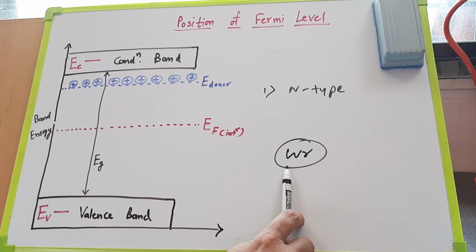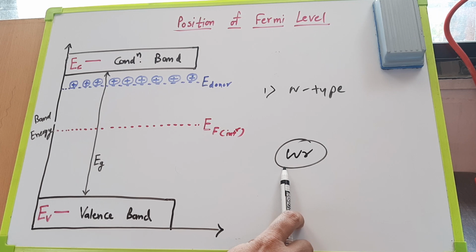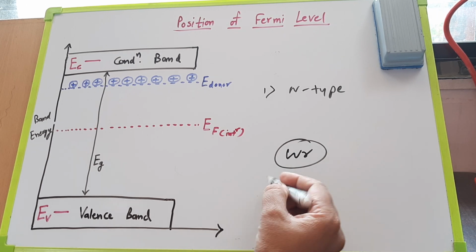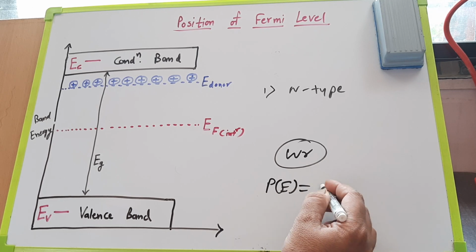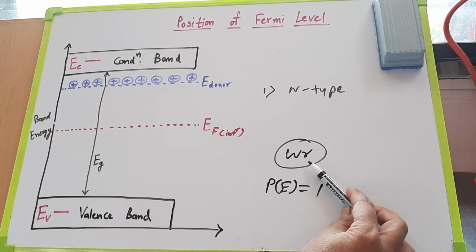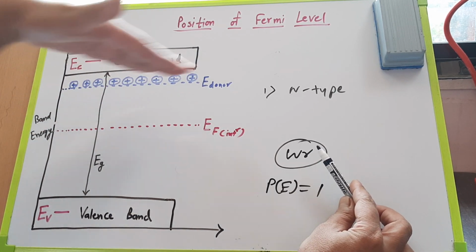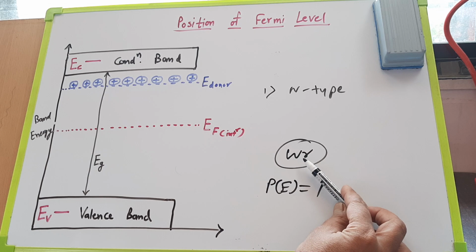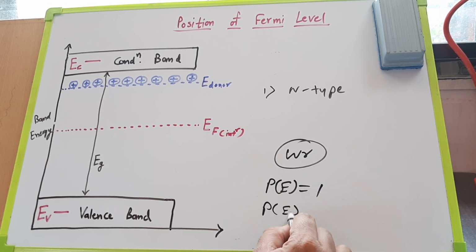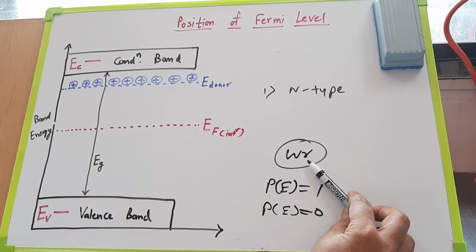Now the important part: in case of an extrinsic semiconductor, at 0 degree Kelvin all the donor levels are occupied and there are no electrons in the conduction band. Since probability P of E equals 1 up to the donor level, till here there is a good probability that the level will be occupied by an electron, and P of E equals 0 at the conduction band.